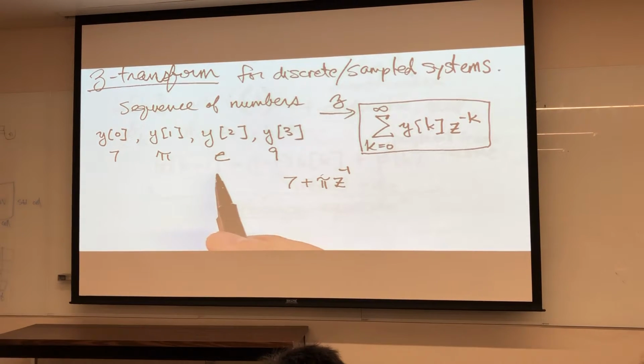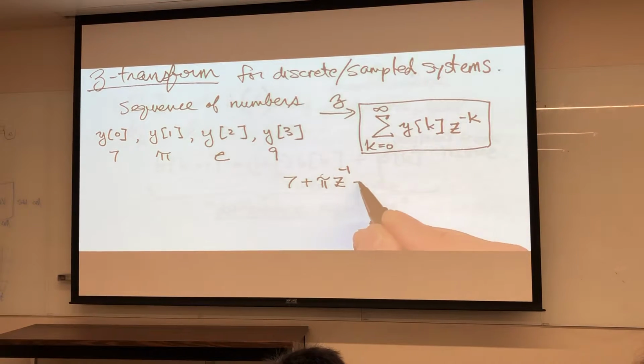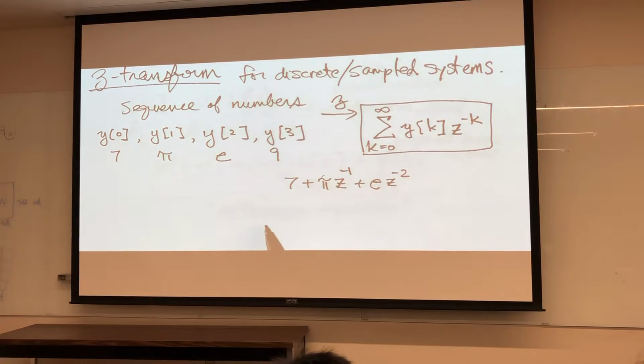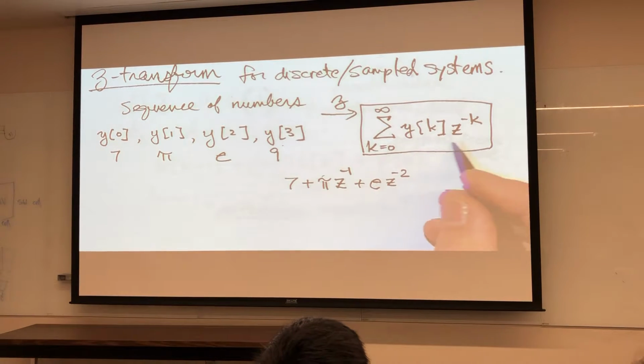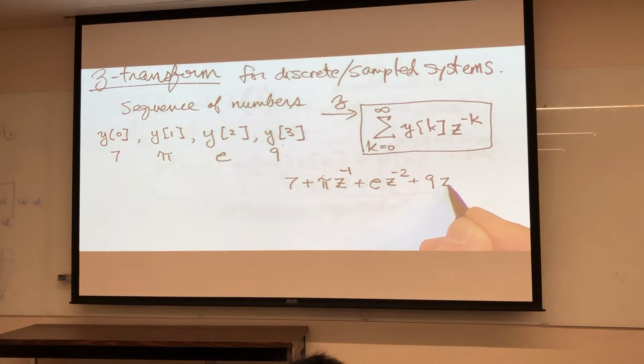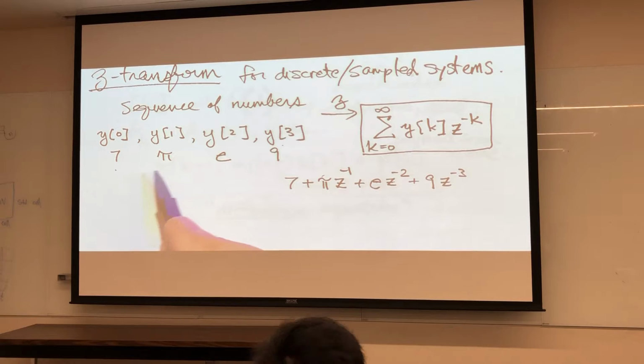And then the next term I have to add is the number e, 2.71828, and so on and so forth, times z to the minus 2. It's the second number in the sequence. And then the next number in the sequence is y of 3, this number multiplied by z to the minus 3.